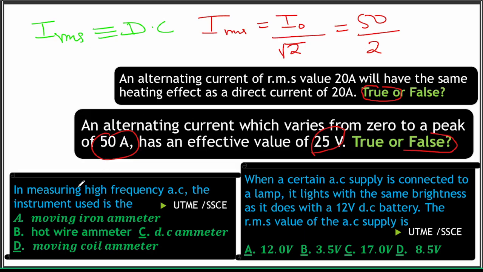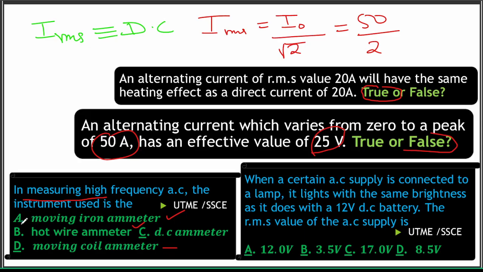So it's false. All right, this one: in measuring high frequency AC, the instrument used is the dash. Now we have 3 instruments basically that you should take note of: the moving iron ammeter, the hot wire ammeter, the moving coil ammeter. Then this one can be anything. Now the moving coil ammeter is solely for DC, so it's already ruled out.